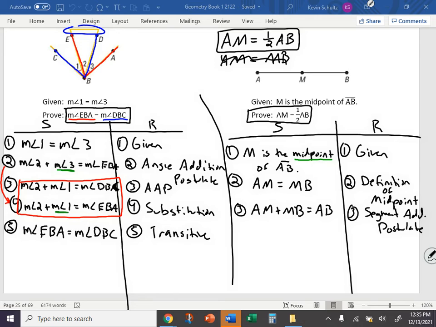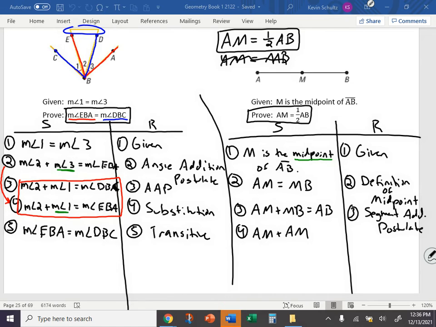Nathan? Replace MB with AM. We can replace MB with another AM, right? Step 2, we said AM is equal to MB. If we want to get rid of MB, we can replace it with something that's equivalent to it.